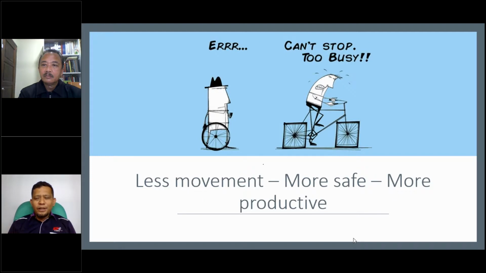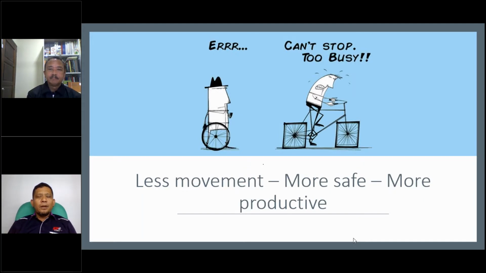Even in the food industry, for example, I visited Azad's chili sauce. I said some of your material you should put in the hopper or in the tank, then you can pump it so you have less people movement. But of course, you need a proper piping system to prevent leakage.